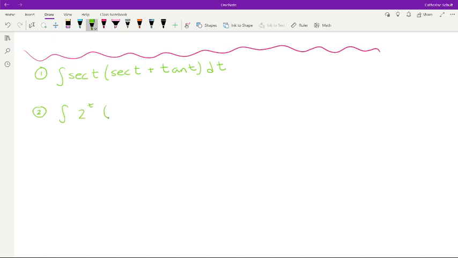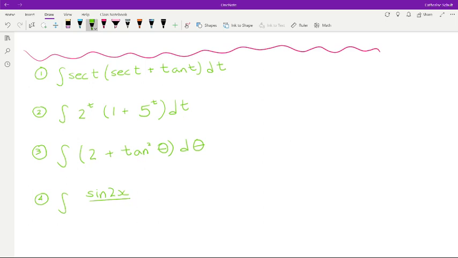Let's see how you do on number 2. And here's the 4th one. So after I write the 4th one out, go ahead and push pause. Try them out on your own and see how you do.